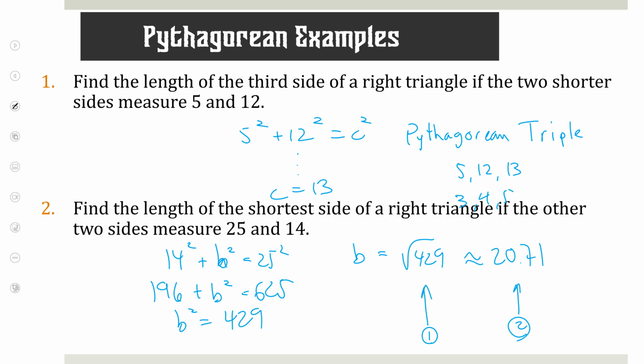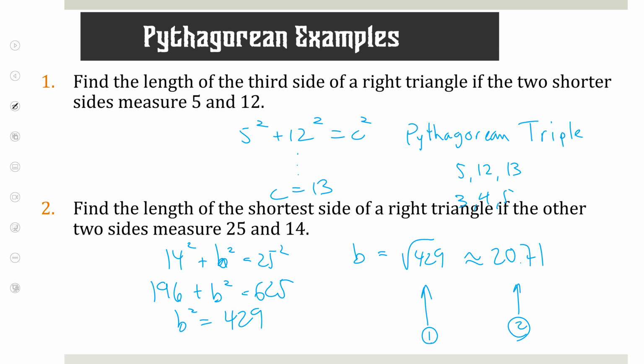Now, what do I mean by that? Well, let's suppose I get B being the square root of 800. What's the square root of 800, somebody, real quick? 28 point something or another.